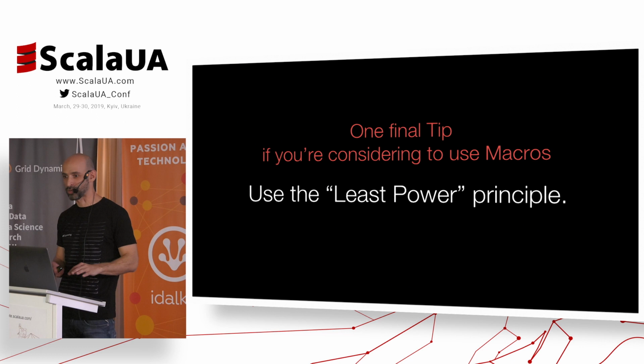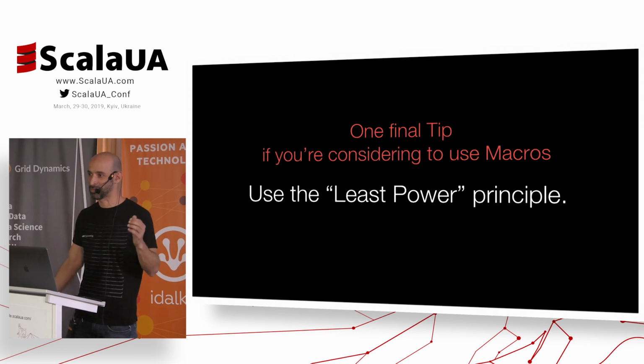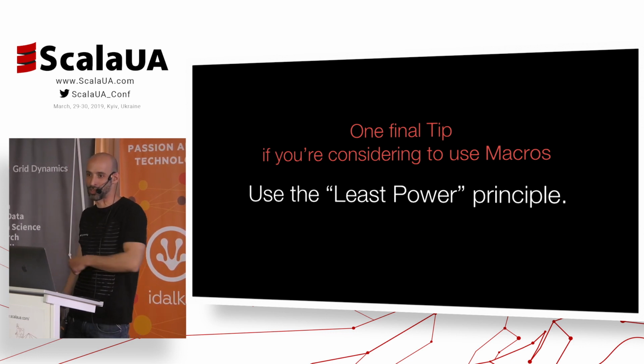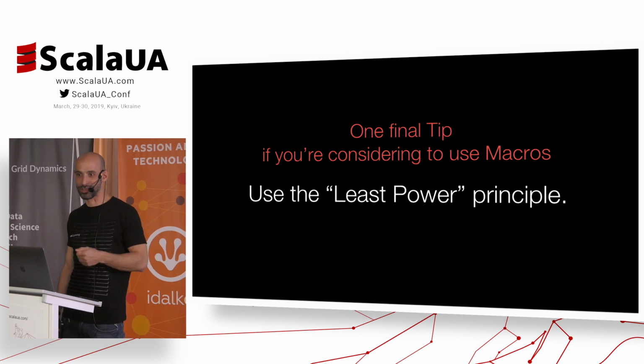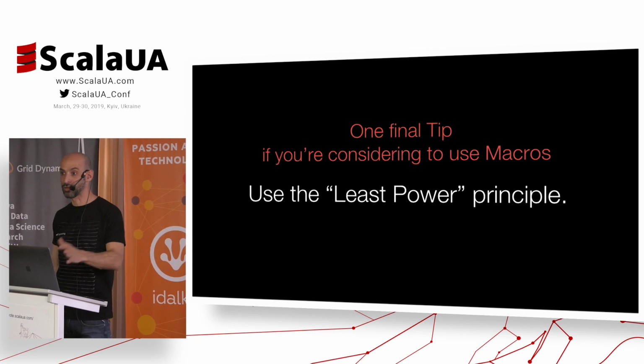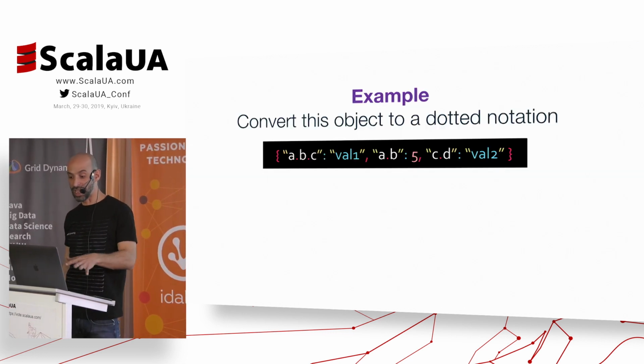You'll have people opening a Slack conversation saying, oh man, I know that you wrote this and we have this bug, come and sit with us, because we don't know how to work with macros, or we don't know how to work with Shapeless or all of those other advanced tools. And I'll give you a small example that I also encountered in a project. I had to convert a case class into a dotted notation object.